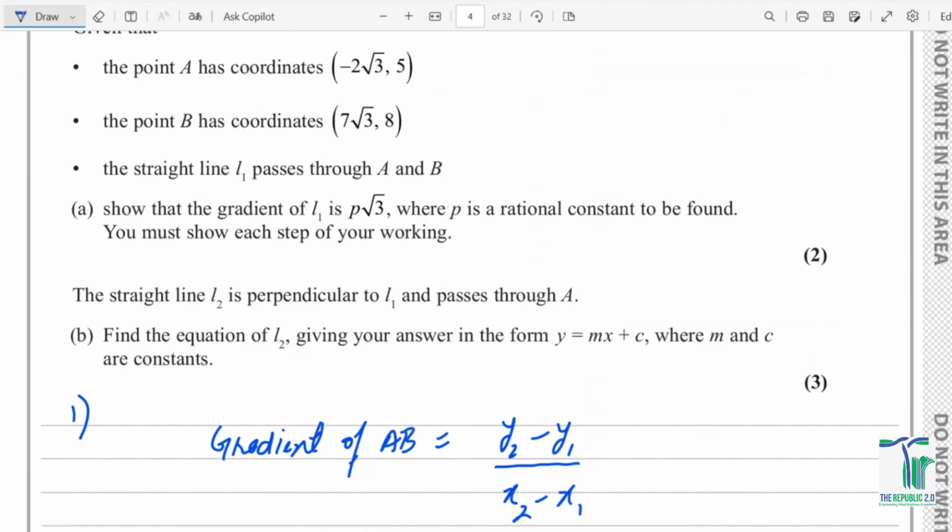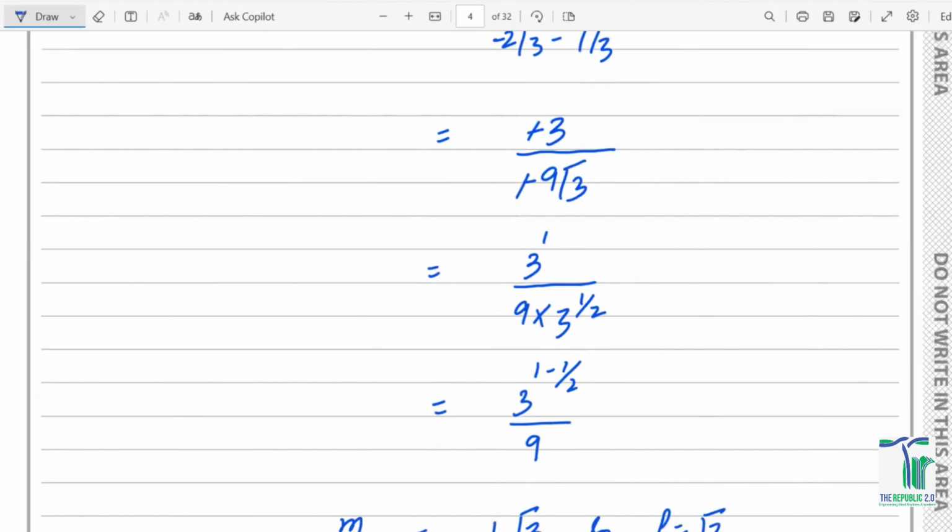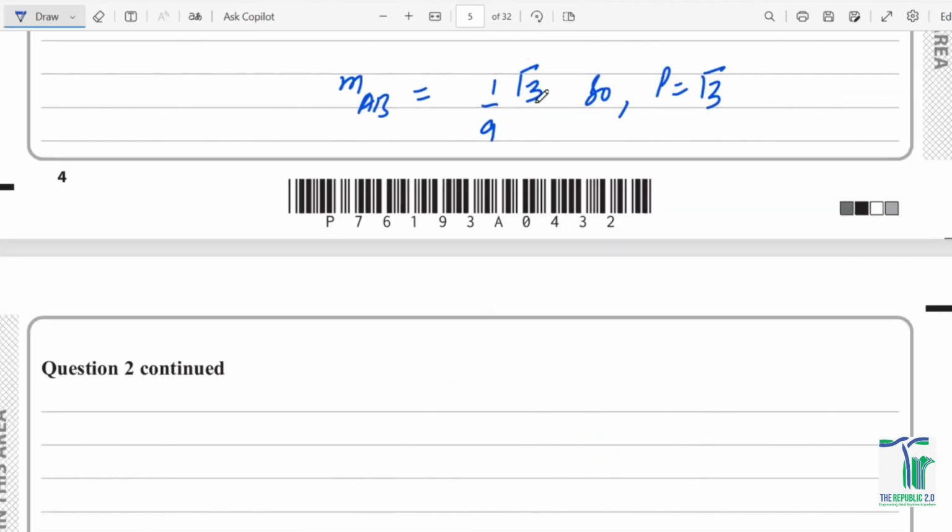Now, in the B part, we need to find L2, which is perpendicular to L1 and is passing through A. So we have got the point, and by having this much information, we have got the slope as well, right? Since the slope of L1 is 1 upon 9 root of 3.